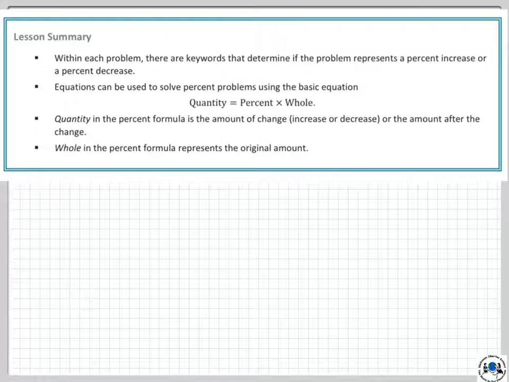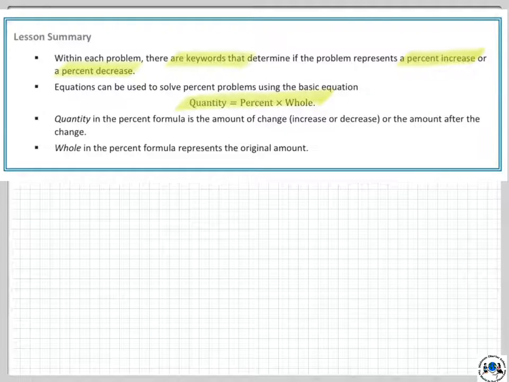Okay, so here's our lesson summary. We have about a minute to get out of here before 50 minutes strikes, okay? So within each problem, there are keywords that determine if the problem represents a percent increase or a percent decrease, okay? Equations can be used to solve percent problems using this basic equation, okay?